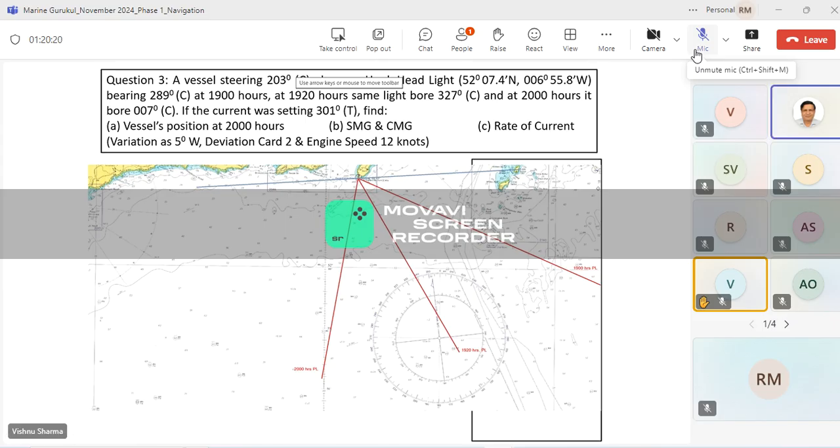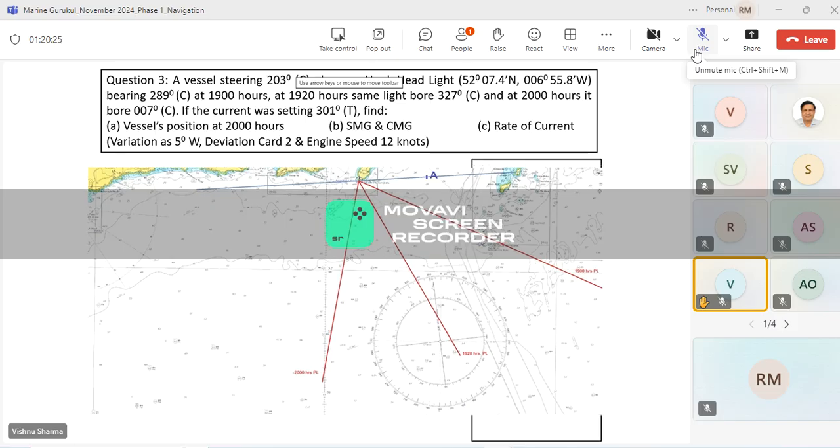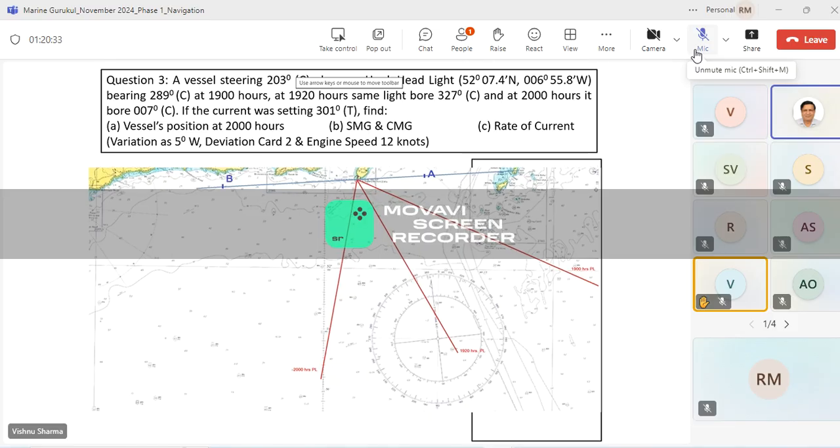Then we mark off distance in the ratio of 1:2. We mark this point A, and whatever is the distance from the point of intersection to A, we mark double of it on the other side, and we mark B. Then we transfer the middle bearing through A and B to cut the first and the third PL.